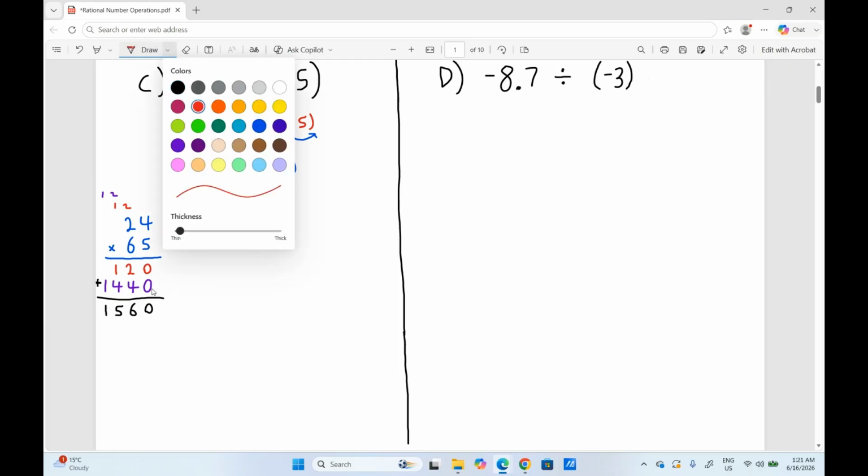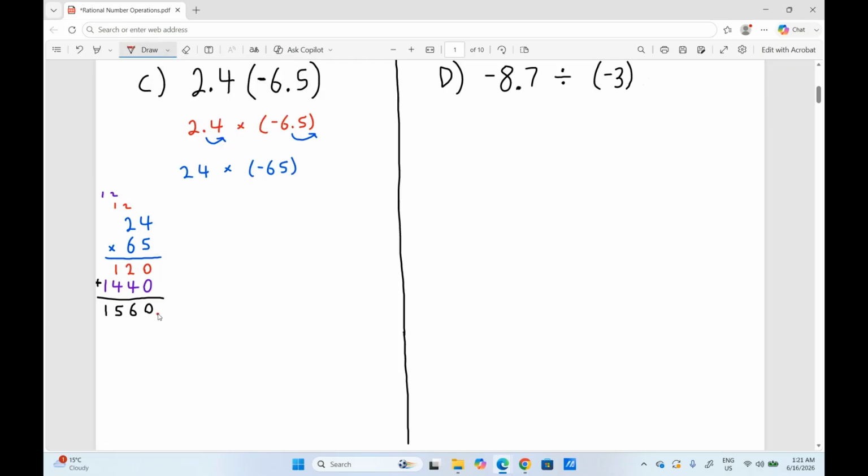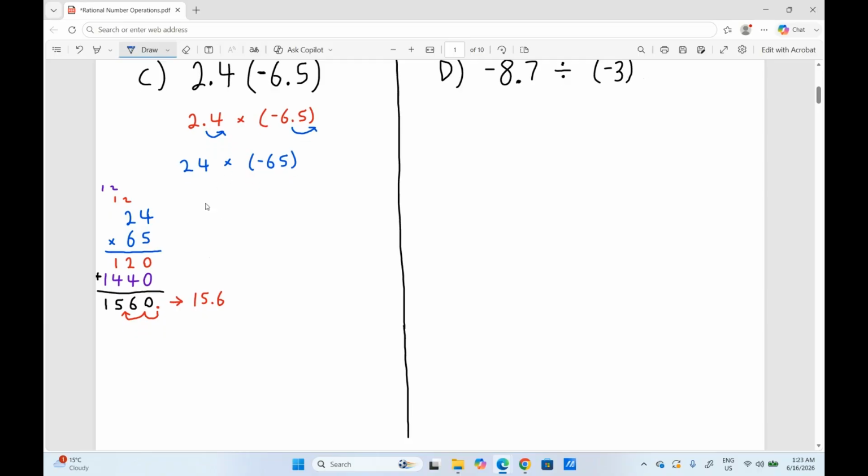Now recall that my decimal place is at the end here. Because I moved the decimal once, twice, 2 places over to the right, I must now move it 2 places back to the left. So the result of 2.4 times 6.5 would be 15.6. Now, recall that a positive number times a negative number results in a negative number.